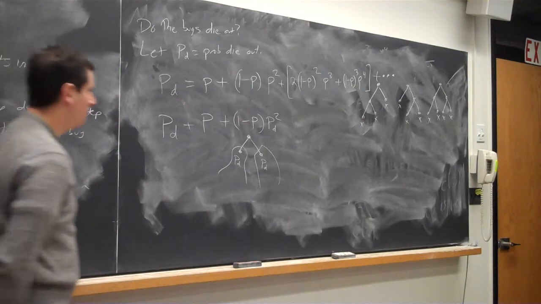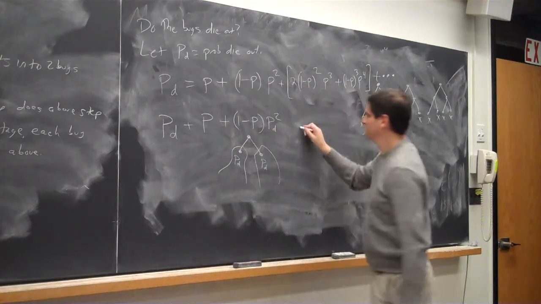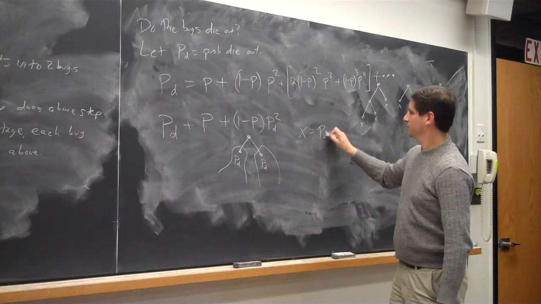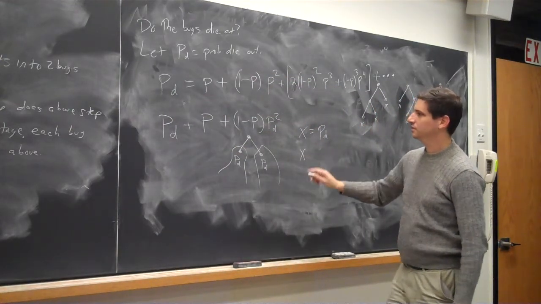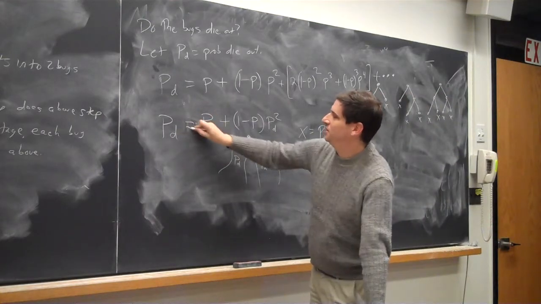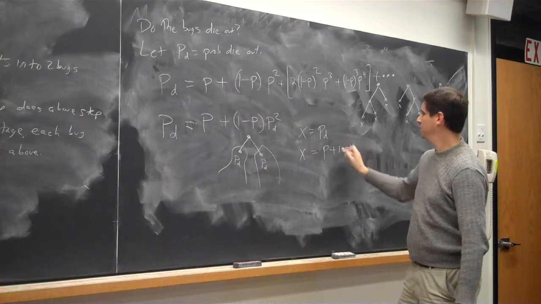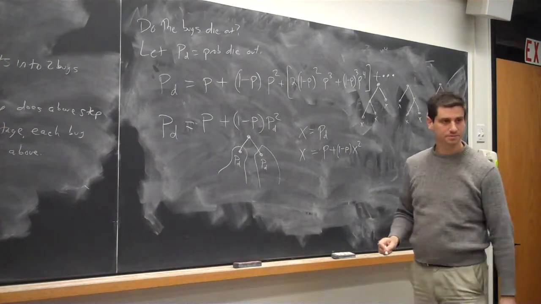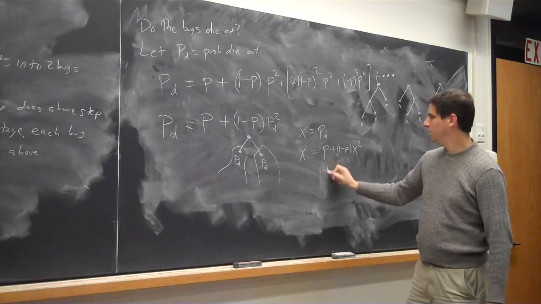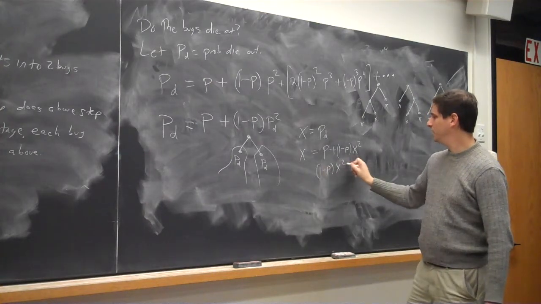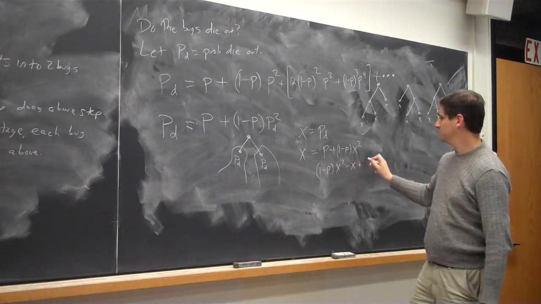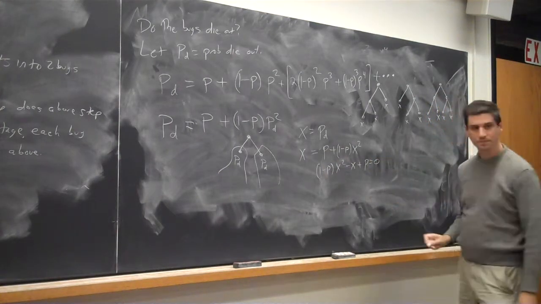So we now have, if you let X equal PD, X equals p plus (1 minus p) times X squared. So you get (1 minus p)X squared minus X plus p equals 0.